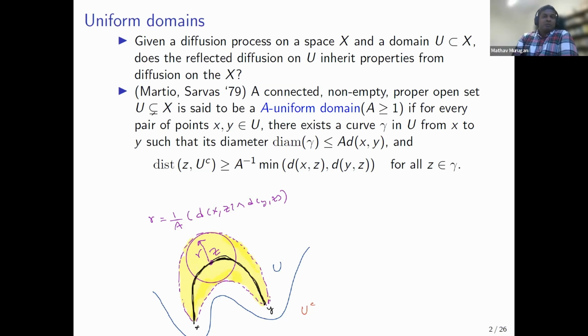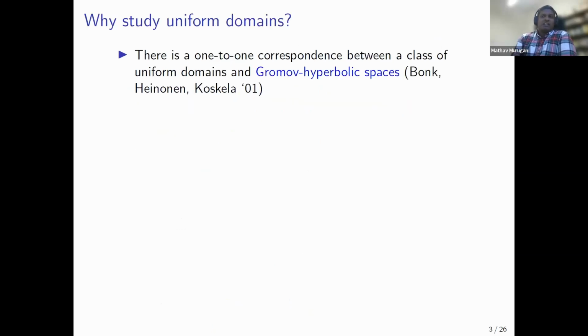In fact, perhaps originally this was studied in the area of quasi-conformal mappings in complex analysis, but there are also other reasons to study this. There is a one-to-one correspondence between the class of uniform domains and Gromov hyperbolic spaces.